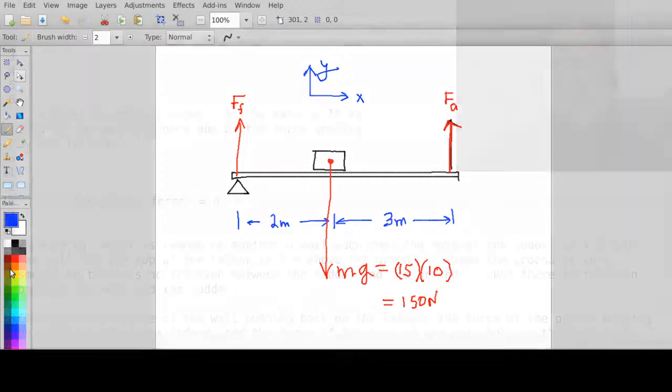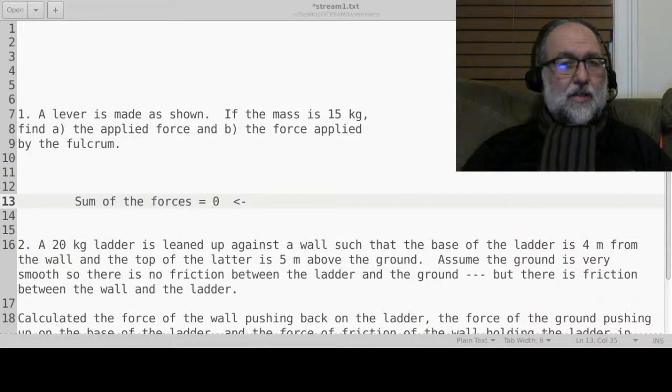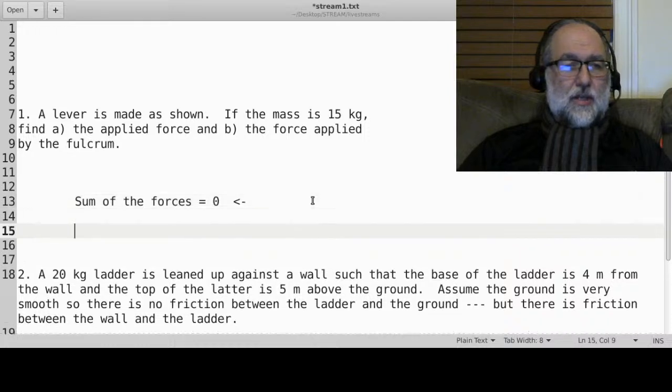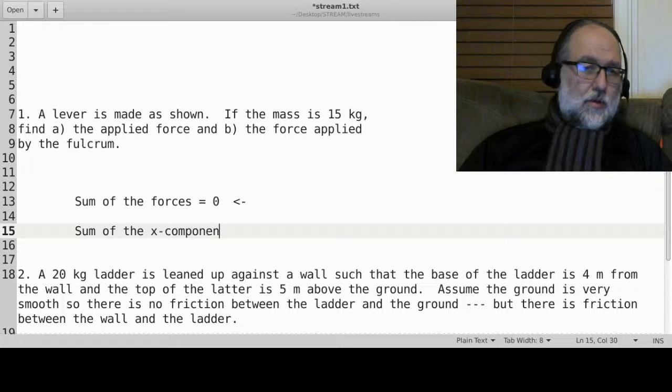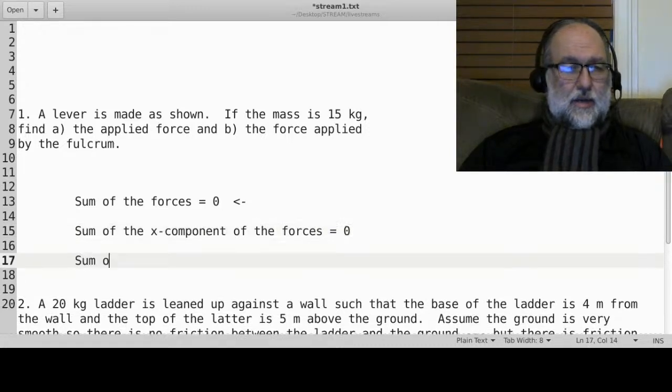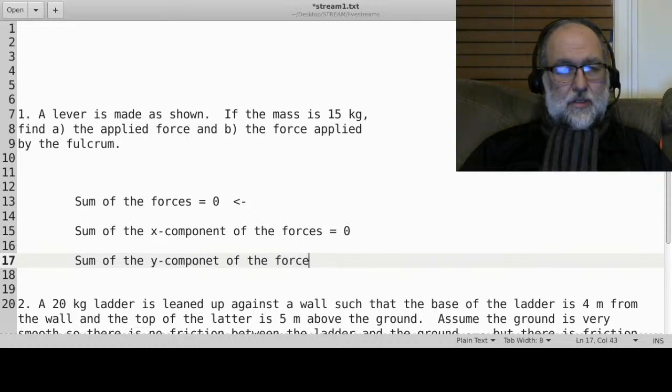Okay, and so when we make use of this, the sum of the x components of the forces is equal to 0, and the sum of the y components of the forces is equal to 0.